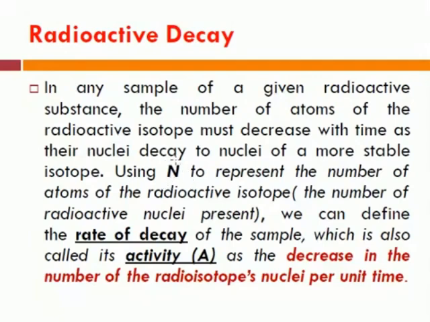Using N to represent the number of atoms of the radioactive isotope, the number of radioactive nuclei present, we can define the rate of decay of the sample, which is also called activity and represented by capital letter A, as the decrease or disintegration in the number of the radioisotope nuclei per unit of time.